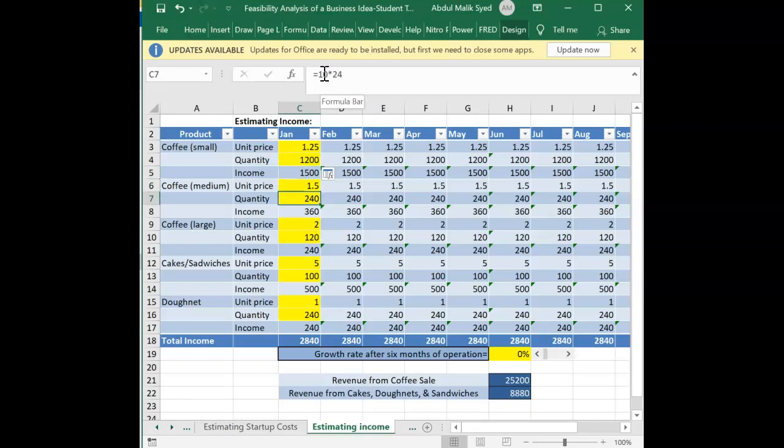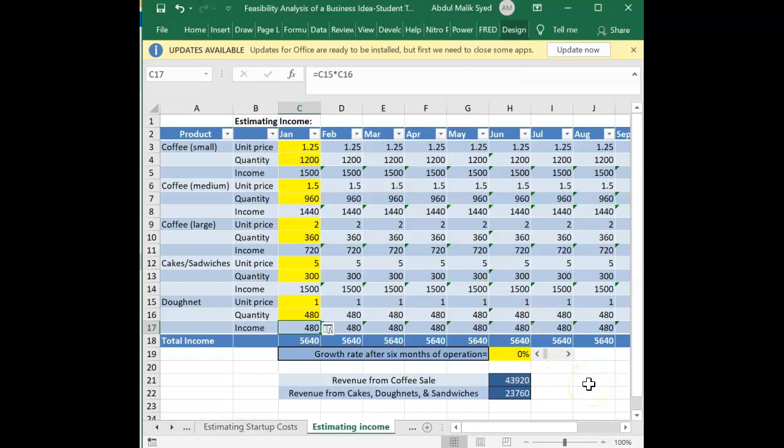Let's say medium coffees we are selling, say, 40, and let's say large coffees we are selling, say, 15 per day, and cakes and sandwiches also the same. Let's say we are selling 15 donuts, and this also, let's say 20.